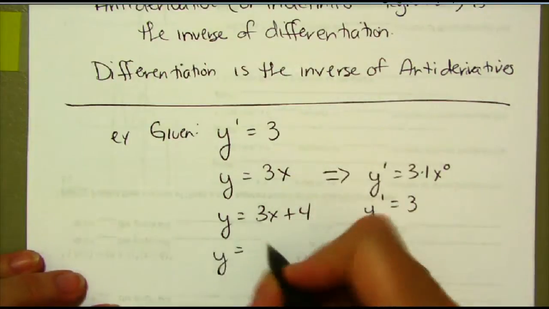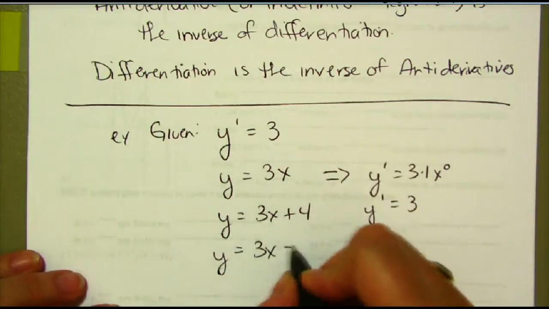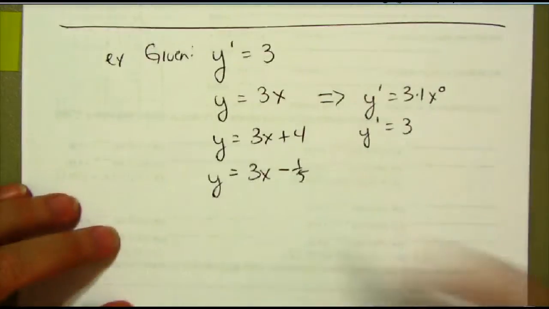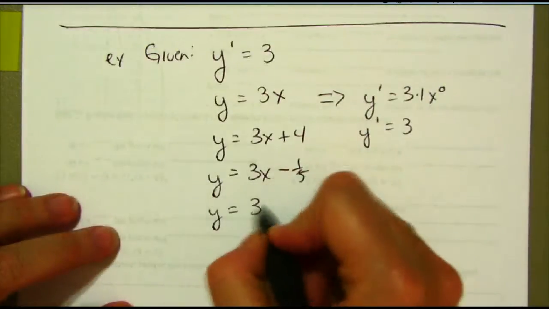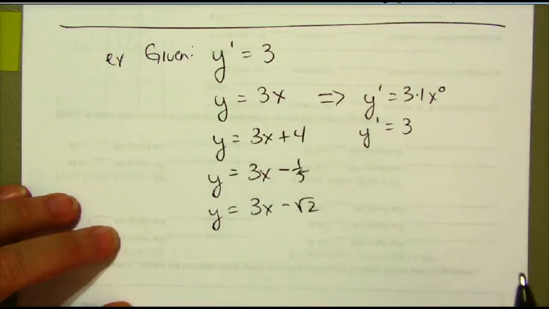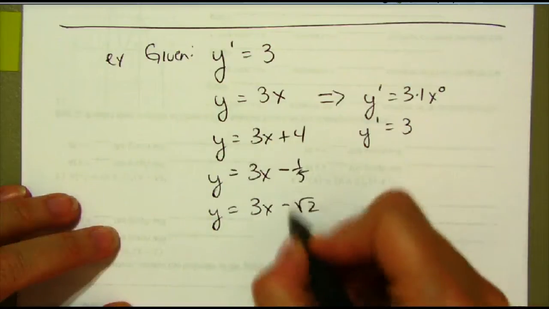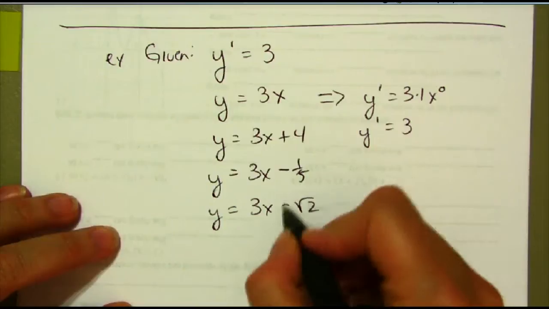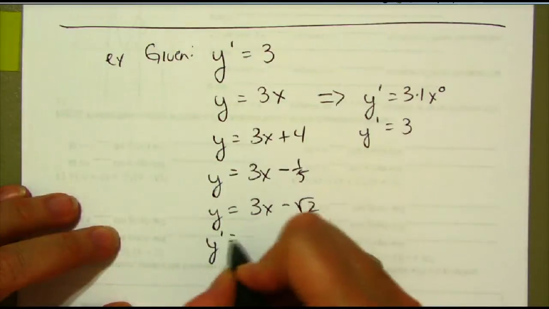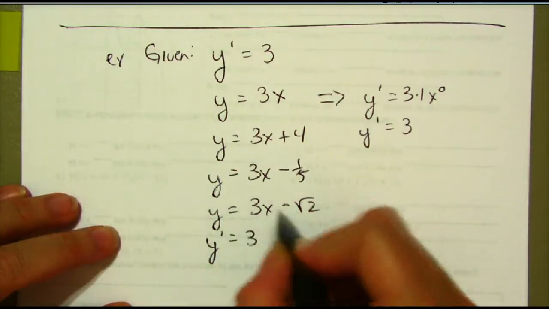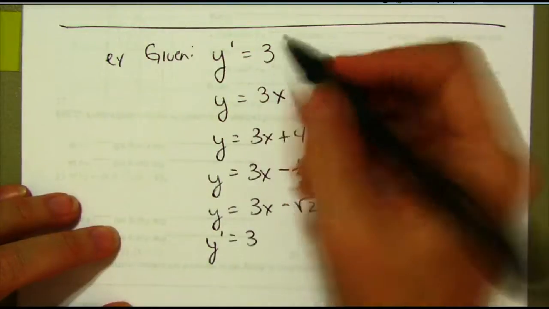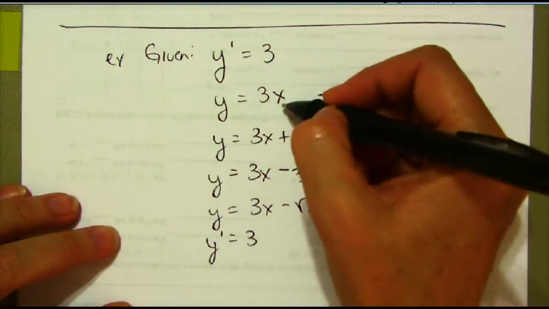Or it could be 3x minus 1/5. It could be y equals 3x minus square root of 2. It has no variable x in it, it's just a real number. So again, when I take the derivative of this, that's just 3, and that's all that it is, which was my original function. So what we did to go back was we guessed and checked.